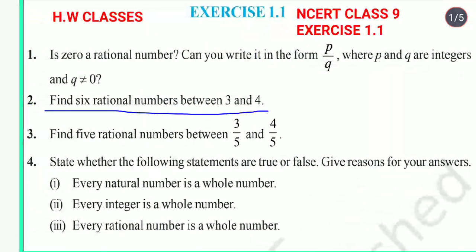Solution number 1 we have already covered. The question says find 6 rational numbers between 3 and 4. You have to find 6 rational numbers between 3 and 4.